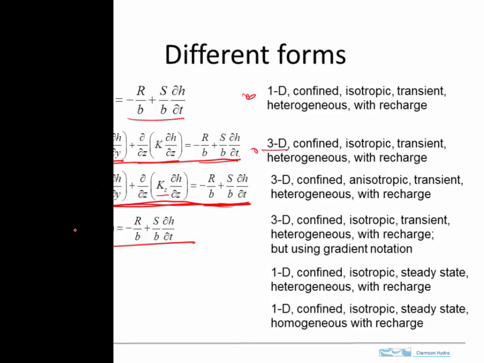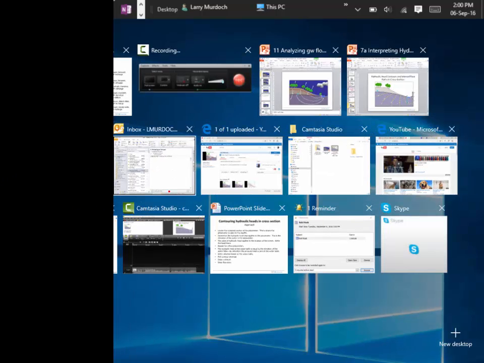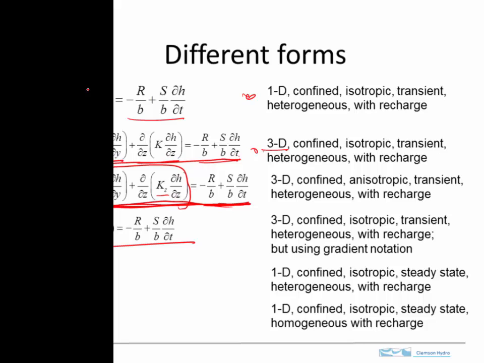So this del is the gradient operator, and it allows us to write the left-hand side of this equation simply in a more compact form. Okay. So sometimes you'll see the equation written like that in papers or textbooks.